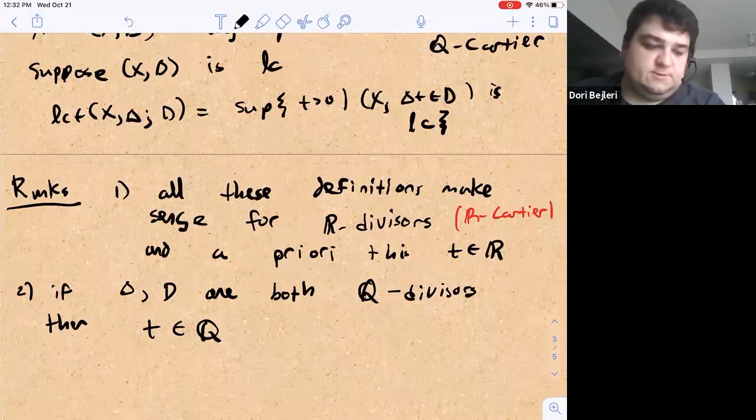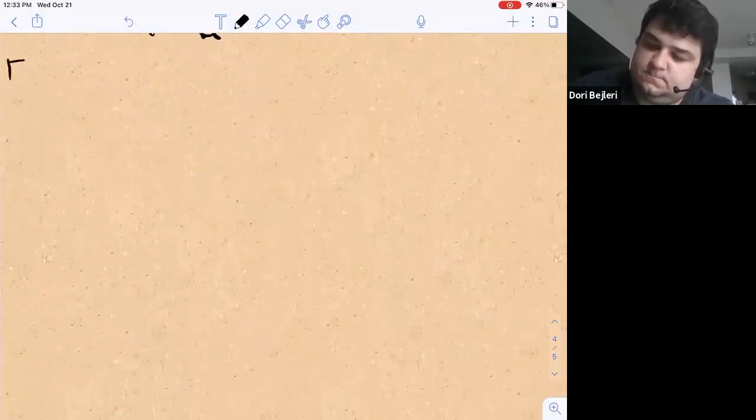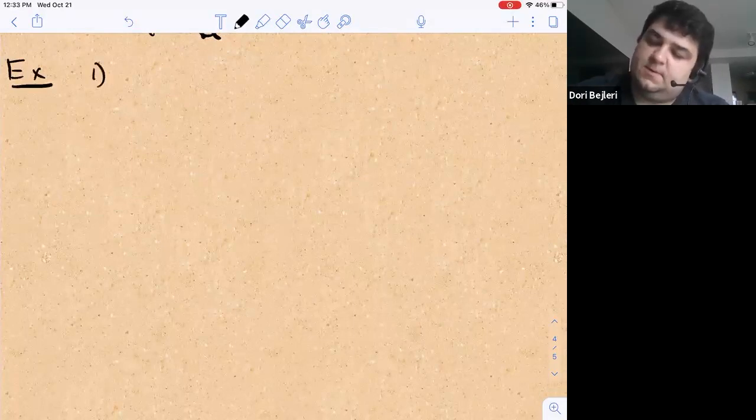Okay, let's draw some examples. In all these examples, X will be P², just because it's the easiest thing to draw, well, in all the examples except the last one.